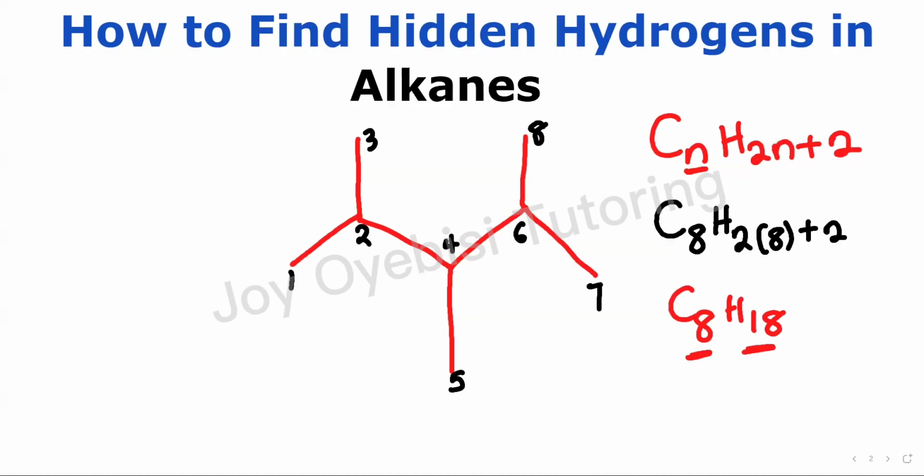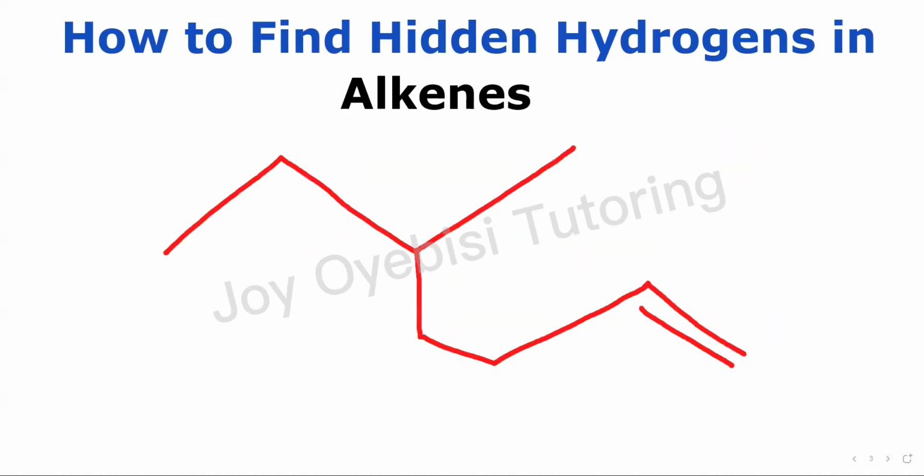Then if we move on to alkenes, we're going to do the same thing, which is use the general formula of alkenes, and that is CnH2n. Now we would identify the number of carbons. Remember that carbons are the ends and the corners.